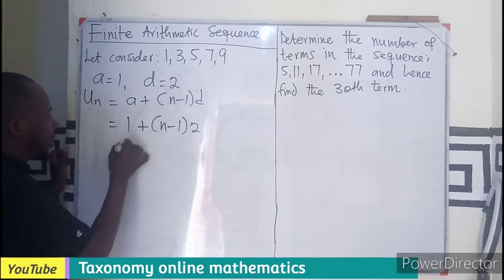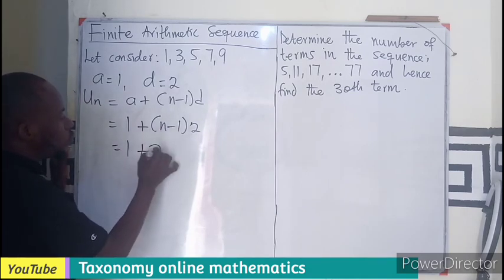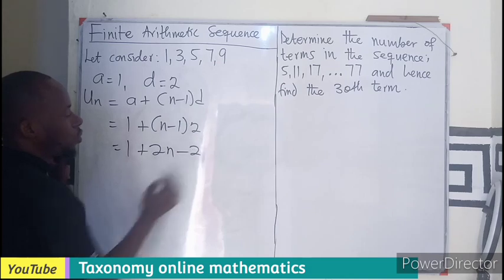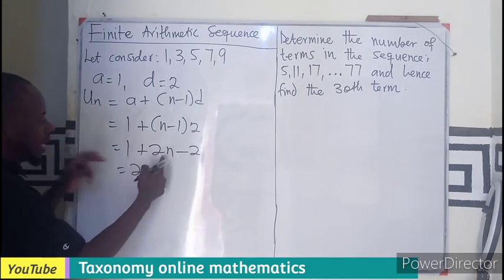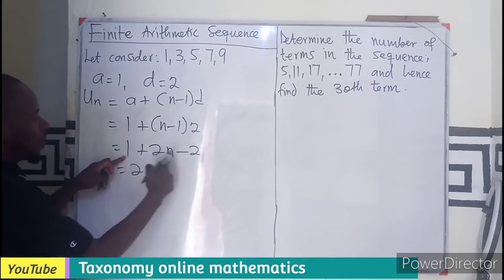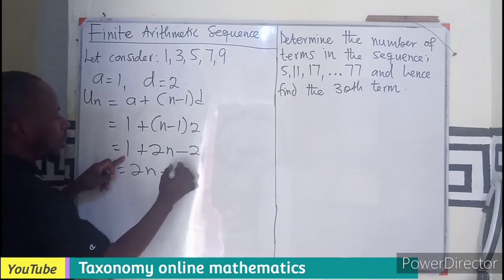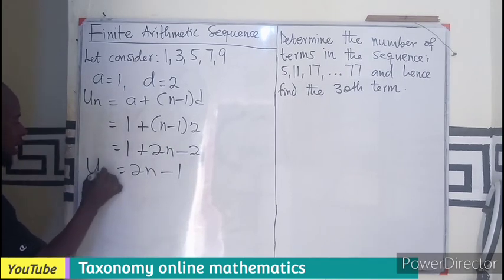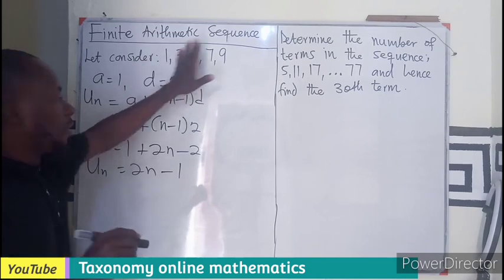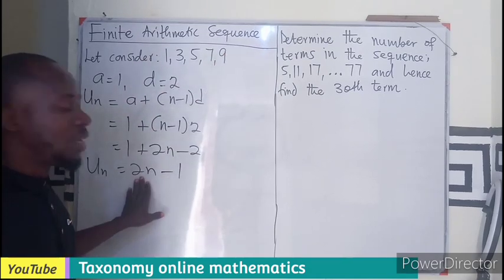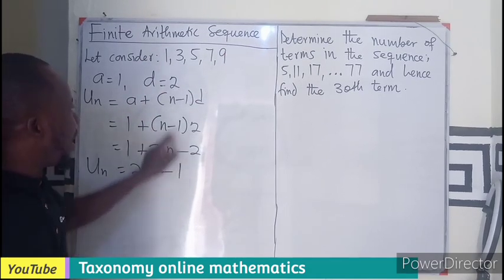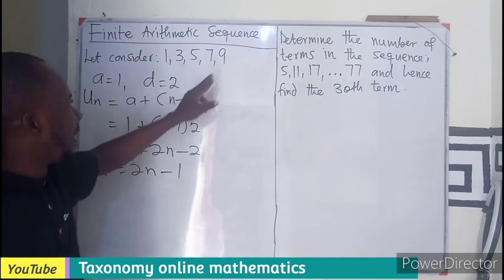Let's expand this: 1 plus 2n minus 2. This becomes 2n, keeping this 1, and 1 minus 2 gives you minus 1. So the nth term is 2n minus 1.